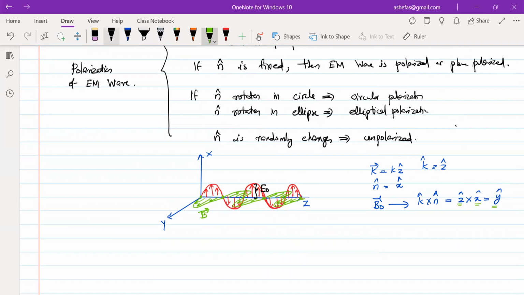And the maximum value of the magnetic field is denoted by the symbol vector B0. The maximum value of the electric field is written as E0. That is called the amplitude.